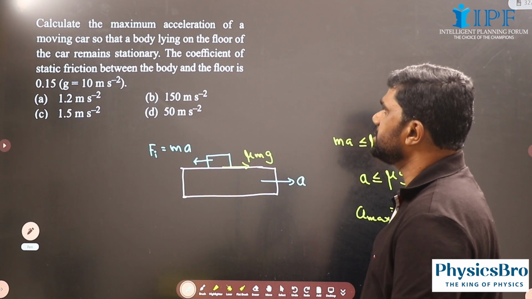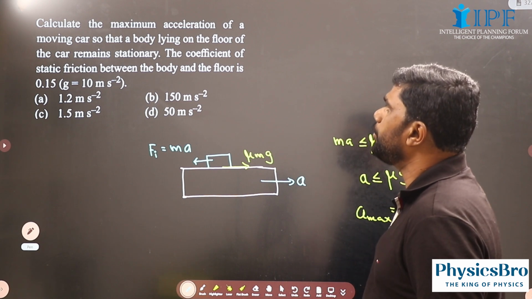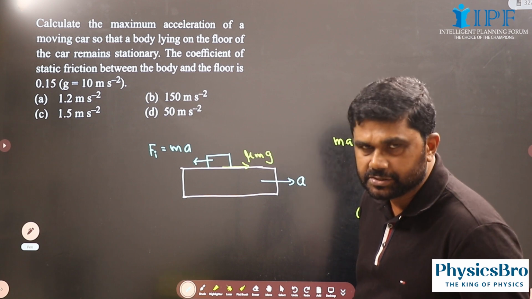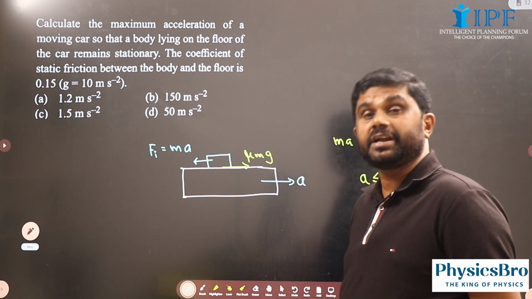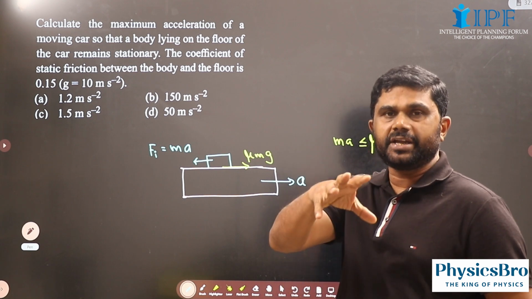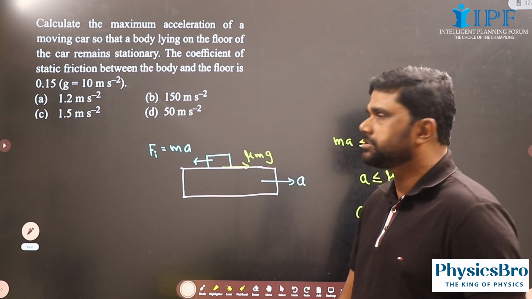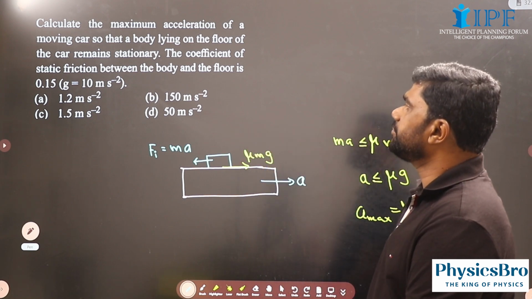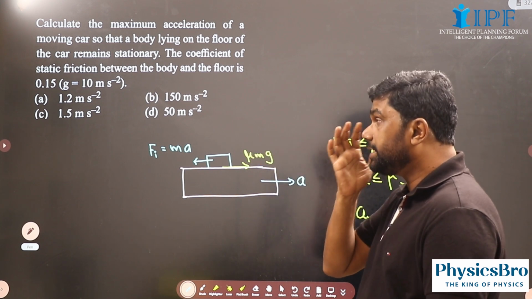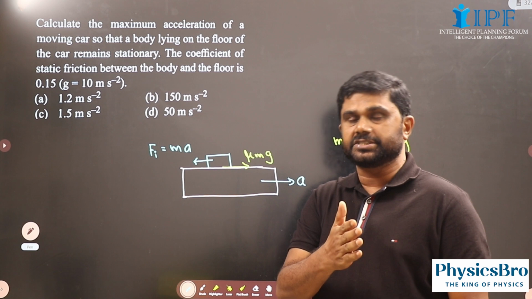Calculate the maximum acceleration of a moving car so that a body lying on the floor of the car remains stationary. Means the body must be moving with the car with the same acceleration as that of the car. Then only it will appear stationary with respect to the car. The coefficient of static friction between the body and the floor is given. The car is being directly driven by the engine.